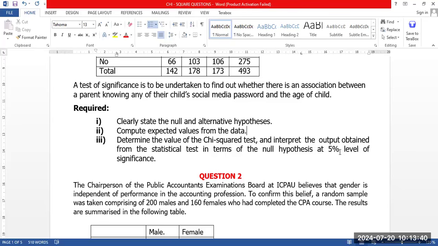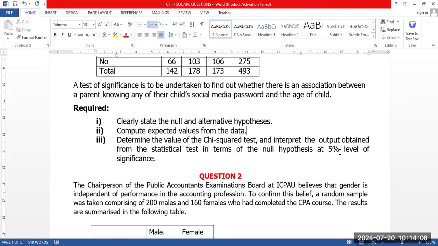If we confirm that the null hypothesis is true, then we accept the null hypothesis. But if we confirm that the null hypothesis is not true, then we accept the alternative hypothesis.